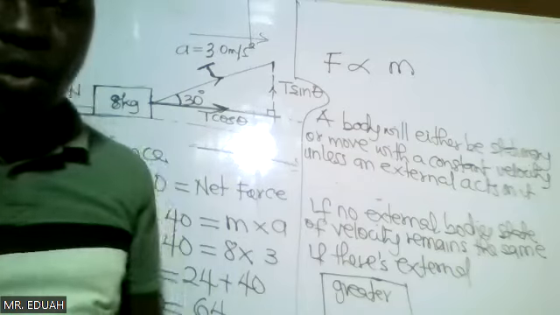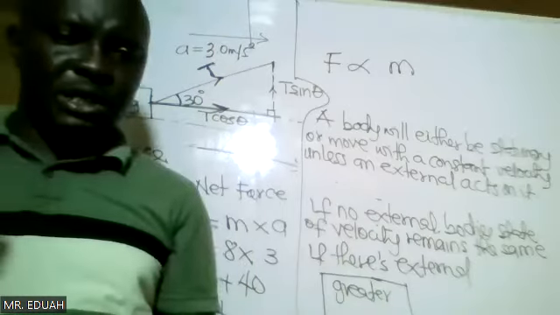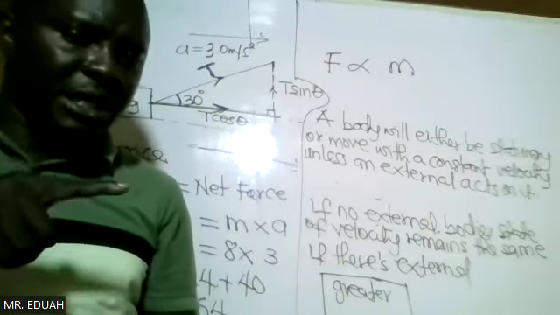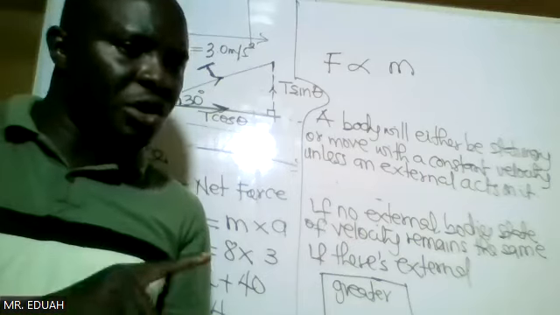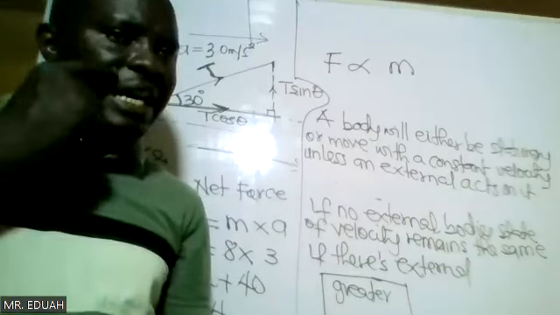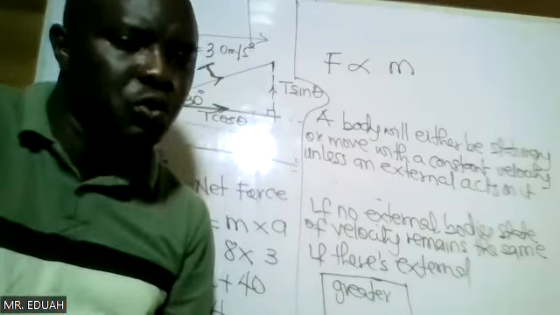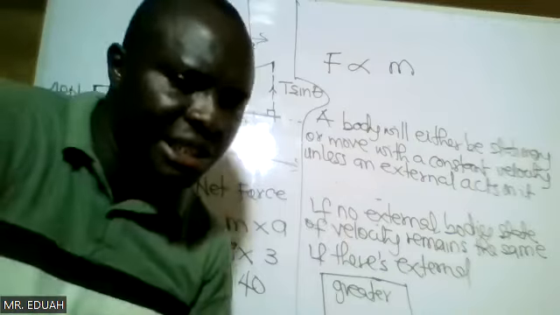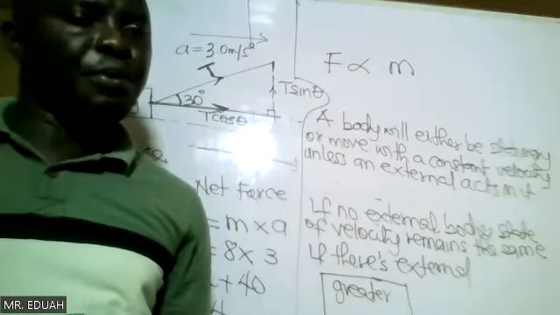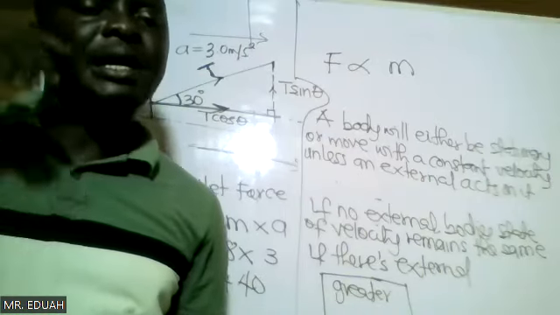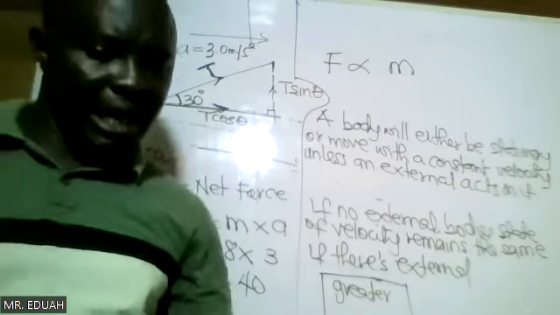The first law is also known as the law of inertia, because if you want to change a body's velocity, whether it is at rest or moving, the external force required is directly proportional to the mass or the inertia of the body. Hence, the first law is said to be the law of inertia.